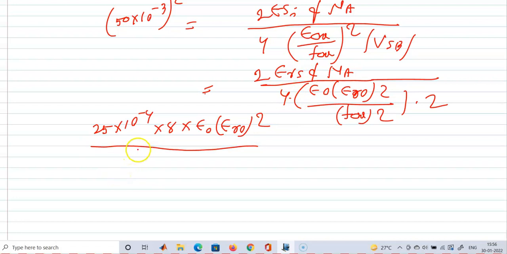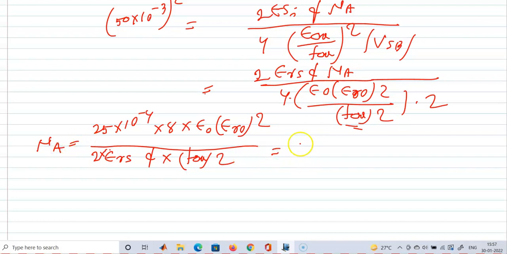So you have 2, epsilon r for silicon, then q, then 2, then into TOX squared, which is equal to Na.